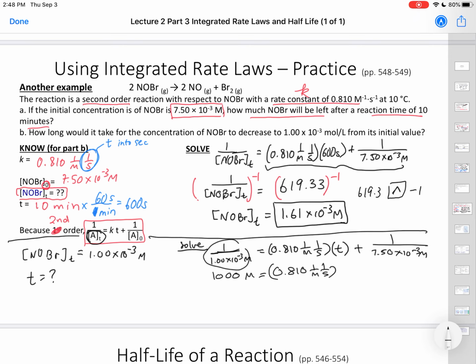I'm bringing down the 0.810 and the t, and I'm going to simplify this thing. If you put it in your calculator, it comes out to 133.3. I subtract 133.3 from both sides.